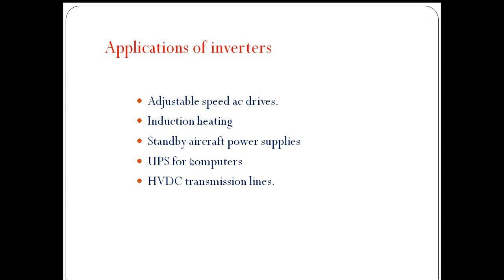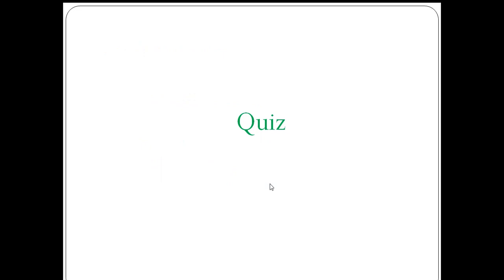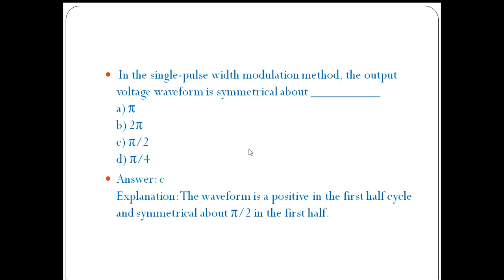If the main power switch is on, for that power supply purpose, inverters will be used as a standby, and they will be used in HVDC transmission lines. So these are the main applications, and we will solve a small quiz on this inverter topic. With this, we have completed chapter 3, inverters and cycloconverters. We will solve some small quiz based on the pulse width modulation technique.